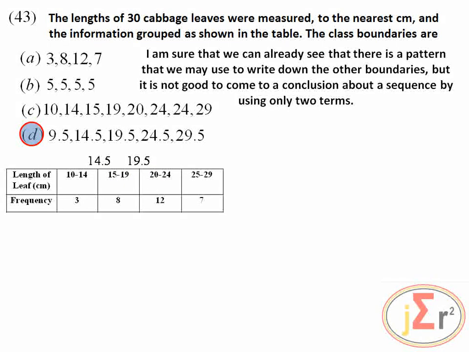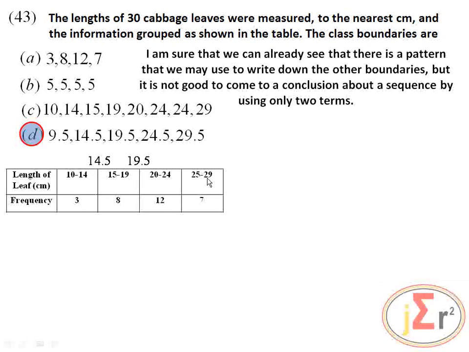I am sure that we can already see that there is a pattern that we may use to write down the other boundaries. But it is not good to come to a conclusion about a sequence by using only two terms. So we do not say that it has to be this, although we have no danger in making such an assumption, because if we look at the lower limits, 10, 15, 20, 25, those are going up by 5. 14, 19, 24, 29 for the upper limits.